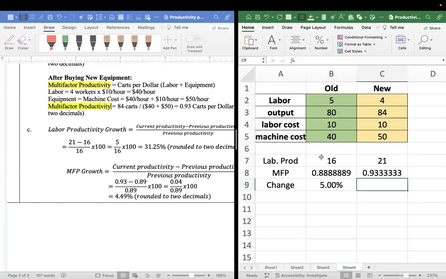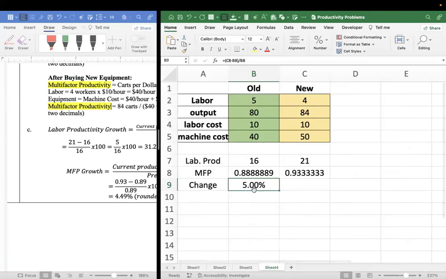And in the next step, you will calculate changes in labor productivity, which means delta, how much change has happened when you make this transition from old to new, which means a change from 16 to 21 is what percentage. And one last thing, there's a possibility that you may not get this, or you may get a different type of number.